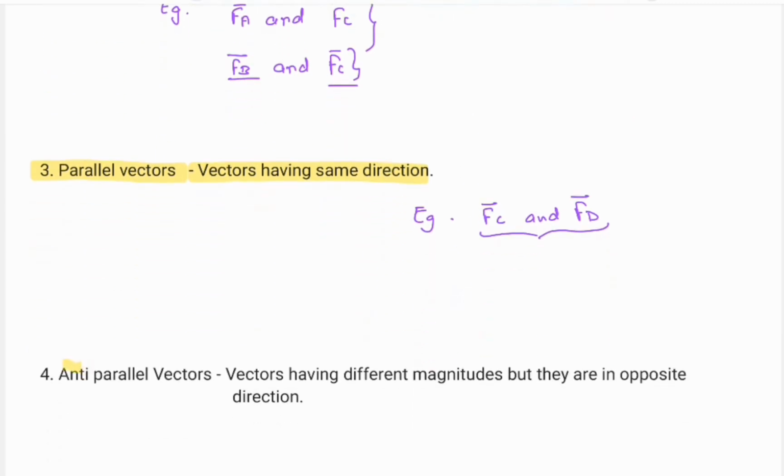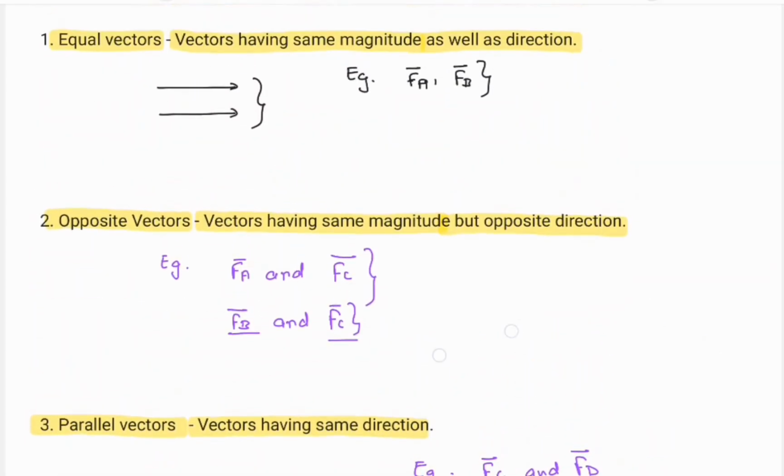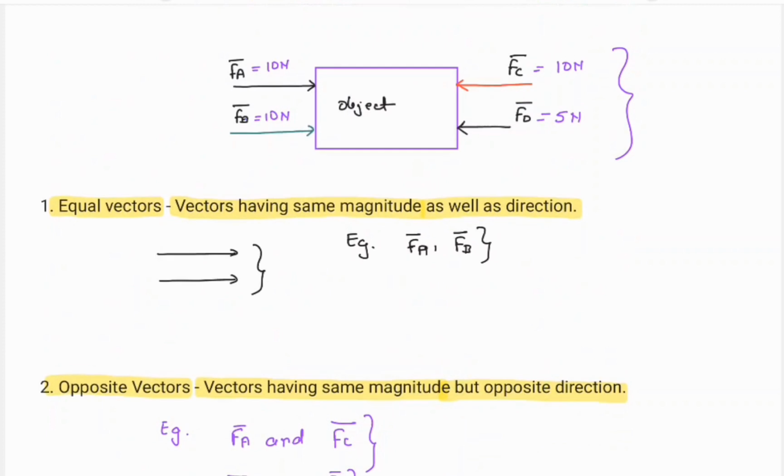And then the next one is anti-parallel vectors. The vectors having different magnitudes but they are in opposite direction are called anti-parallel vectors. Now look at the given diagram. Look at F of B and F of D. They are anti-parallel.